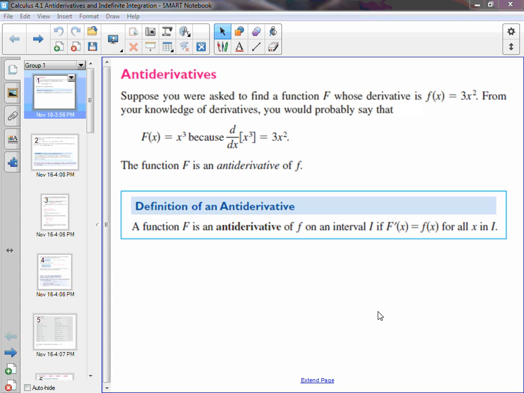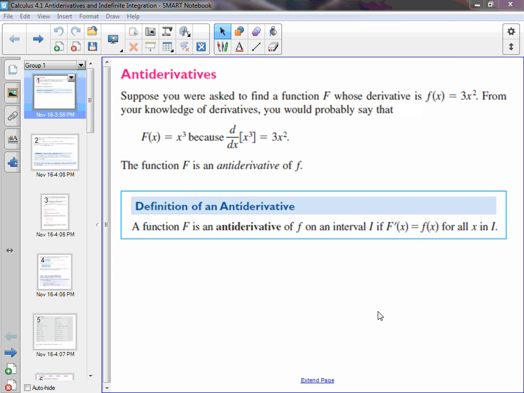You follow me? So the function capital F is an antiderivative of f. So antiderivatives are just converses of derivatives. You're going backwards.